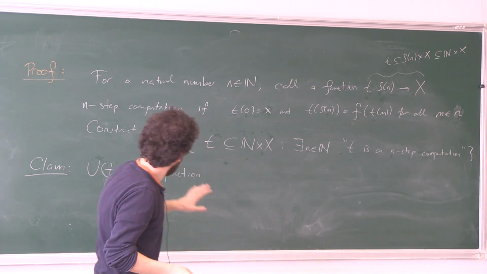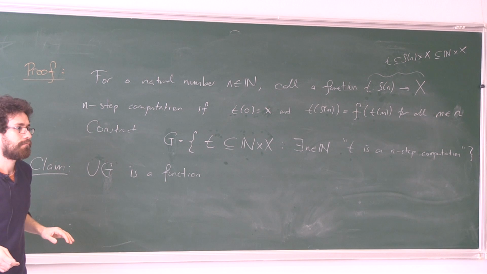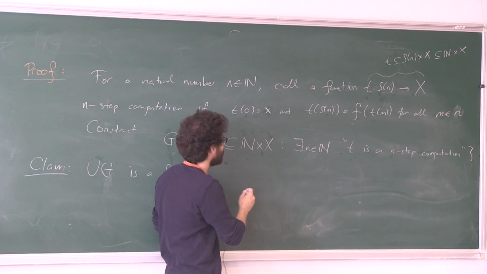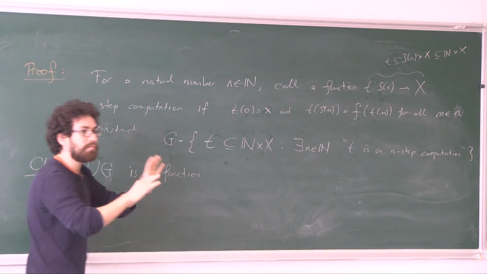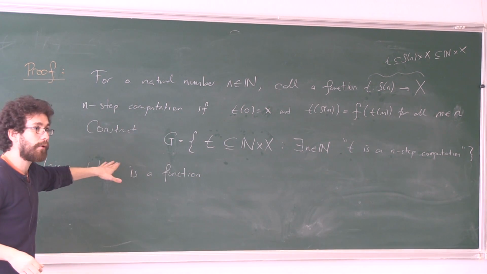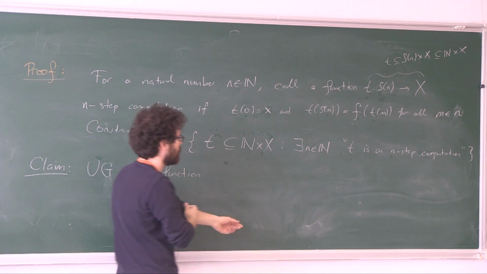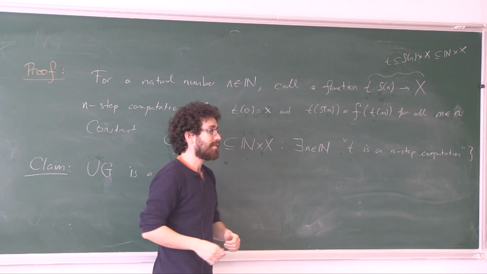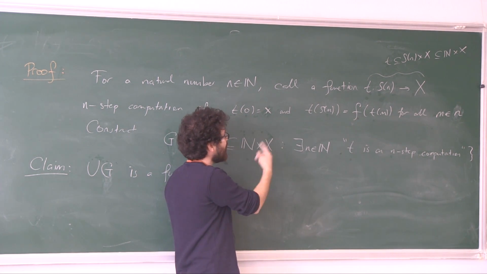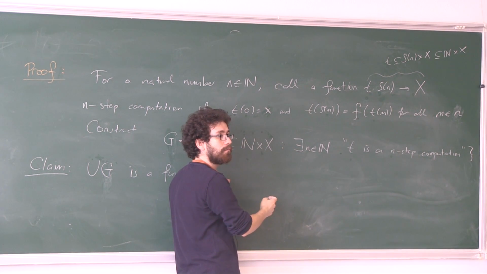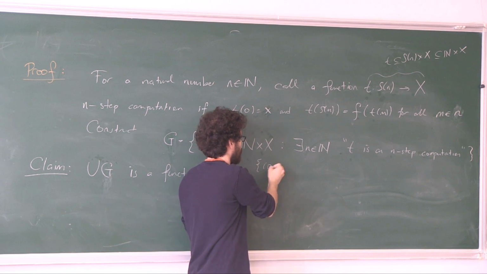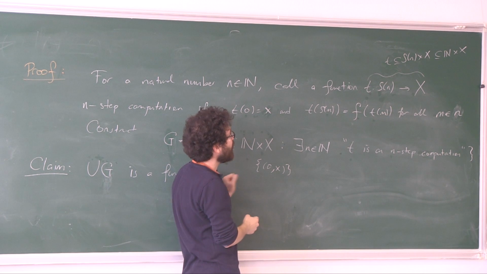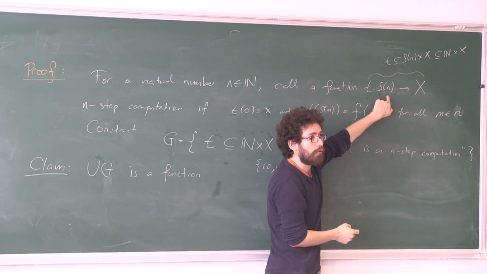So, I claim that this is a function. Let's understand what's going on. Okay, let me draw a picture so that this makes perfect sense. Then we have to write stuff down to make this formal enough to be convincing to the audience. Tell me a zero-step computation. This is a zero-step computation. Its domain is s of 0, namely 1.